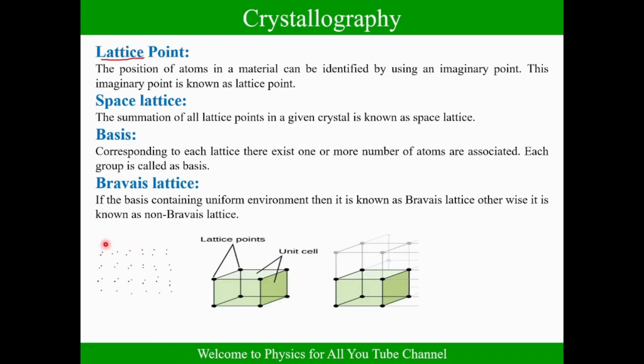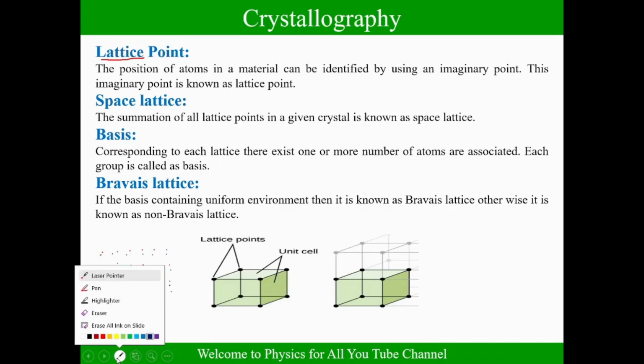Go through this carefully. Red color indicates a lattice point, and corresponding to this lattice point, one atom is associated. Corresponding to another lattice point, one more atom is occupied. So lattice points are used to identify the atomic locations of the given material. That is the main purpose of a lattice point. After identifying the lattice points, we can combine all the lattice points, which is known as space lattice.